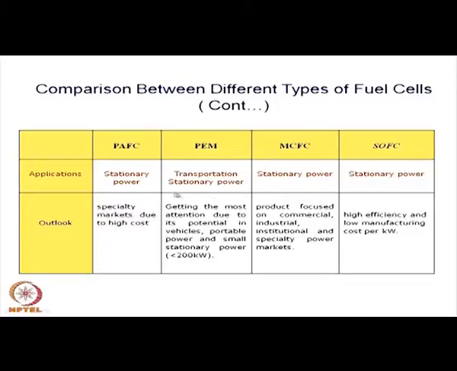The prototypes are running in many countries, particularly in Canada and some of the European countries. Transportation systems are available. Japanese cars are also being run with PEM fuel cells. So, that is one of the driving forces as far as the application area is concerned, but in addition one can also use it for stationary power, auxiliary power systems and so on.